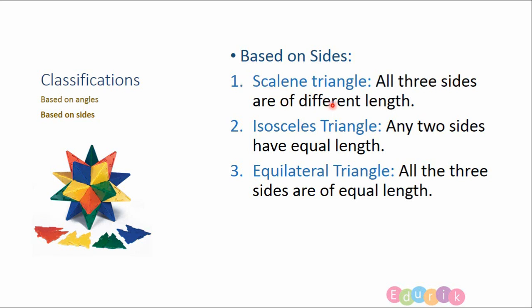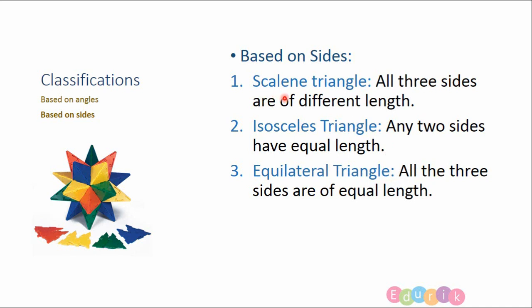A scalene triangle is a triangle in which all the three sides of any triangle are of different length. An isosceles triangle is a triangle in which any two sides are of equal length. And in an equilateral triangle, as you might have guessed, all the three sides are of equal length.